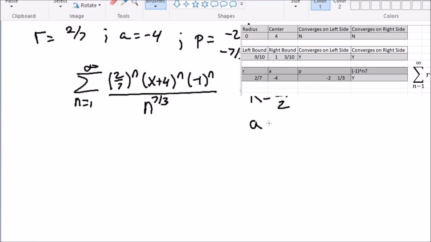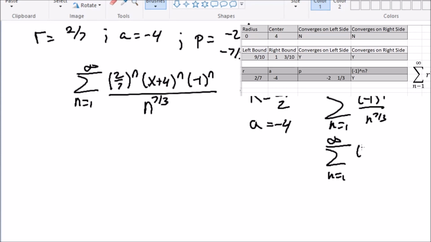My center is going to be -4. Alright? The sum from n equals 1 to infinity of (-1)^n over n^(7/3), and the sum from n equals 1 to infinity of just 1 over n^(7/3), both converge.